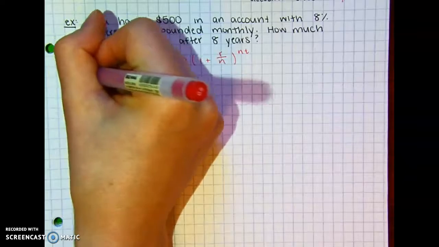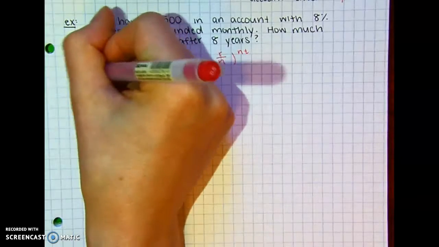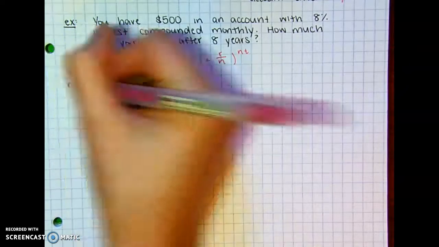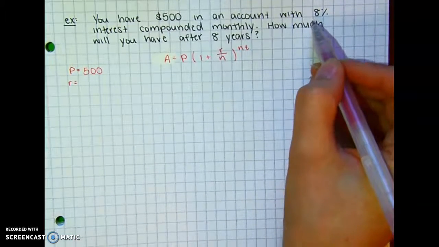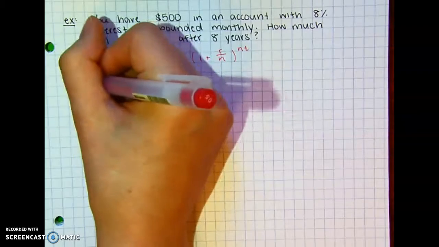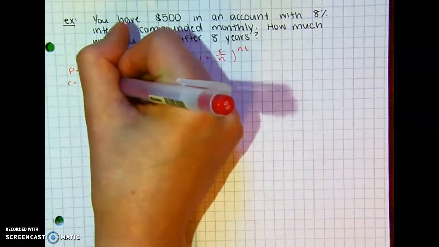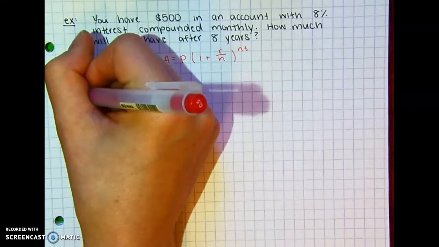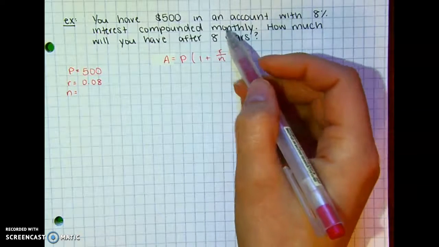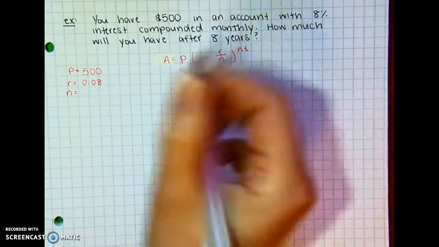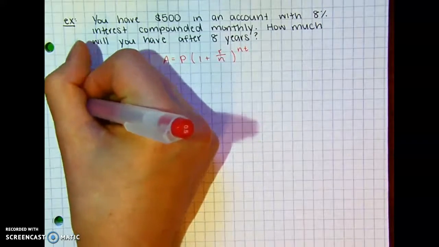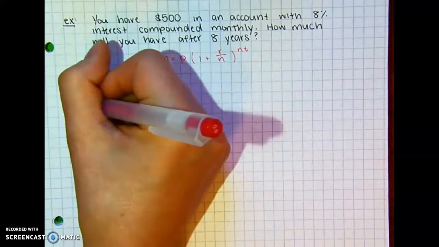P is the starting amount, so we have 500. R, we want as a decimal, so because it's 8%, that's 8 over 100, or you can move the decimal to the left 2 spaces, so that's 0.08. N, because it is compounded monthly, is going to be 12, 12 times throughout the year. And T, when we substitute it in, is going to be 8.